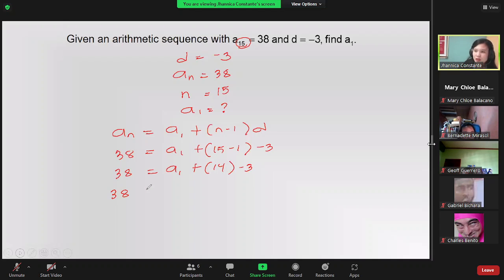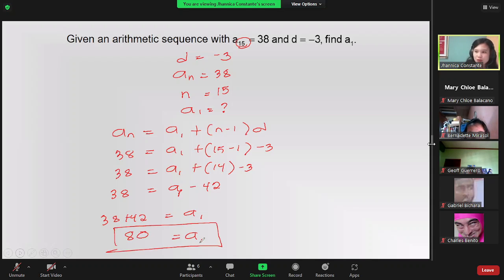So we have 38 equals the first term plus 14 times -3, which is equal to -42. Combine similar terms. So 38 plus 42, the first term of our arithmetic sequence is equal to 80. So that is the first term of our arithmetic sequence.